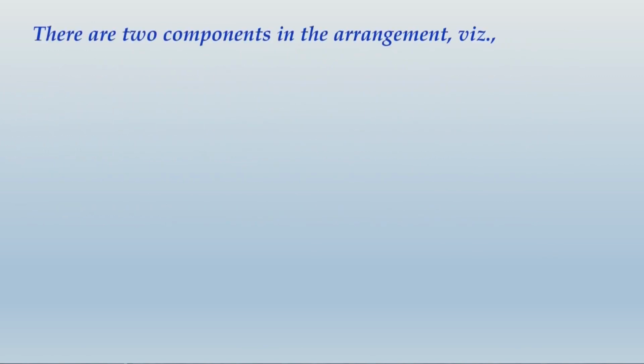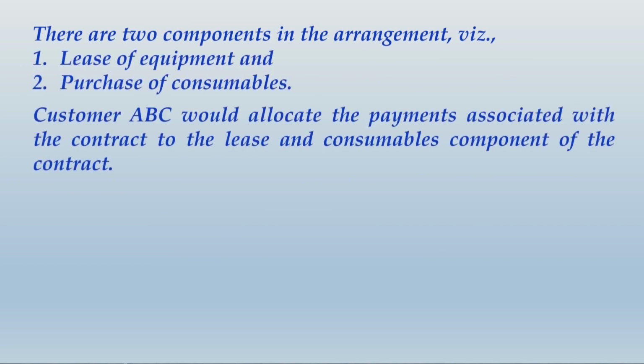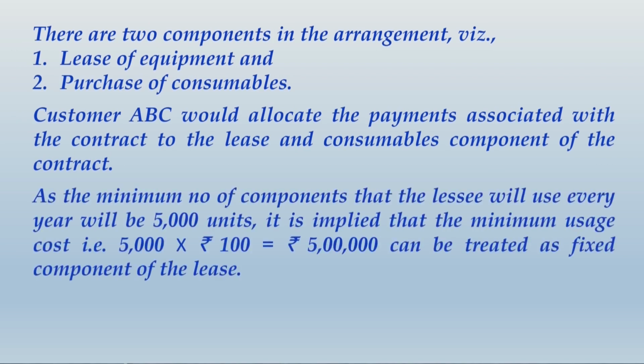In your answer, you would first mention the fact that there are two components in the arrangement, that is lease of equipment and purchase of consumables. Customer ABC would allocate the payments associated with the contract to lease and consumable components of the contract.